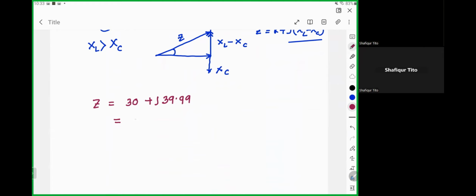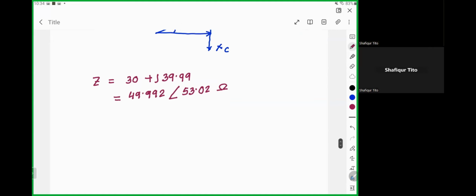Anybody has done? 49.992 at an angle of 53.02. And what is the unit? Rajesh, ohms. Very good.